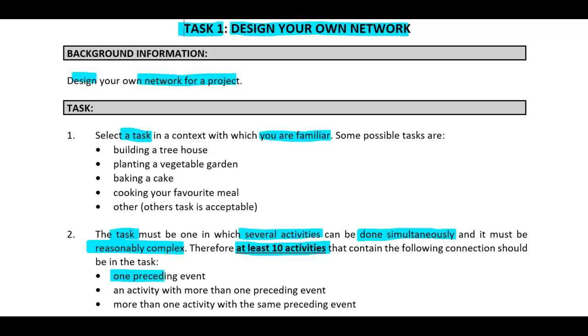You must have one preceding event, an activity with more than one preceding event, and more than one activity with the same preceding event. Now all this you have learned before. You can check with topic 4 notes on this.